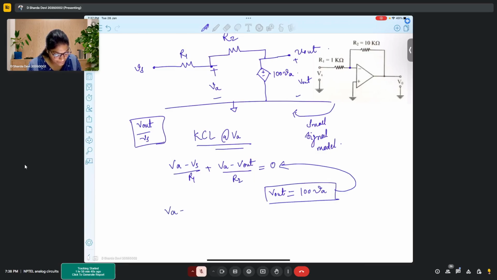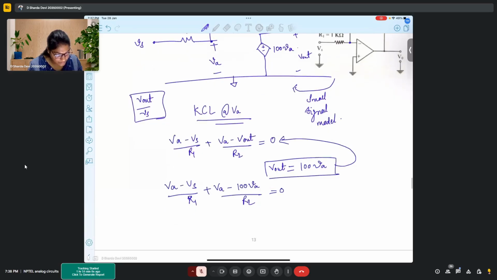So I'll make it an equation based on VA and VS. VS by R1 plus VA minus 100 VA by R2 is 0. So that is VS by R1 equal to 99 VA by R2 minus VA by R1.